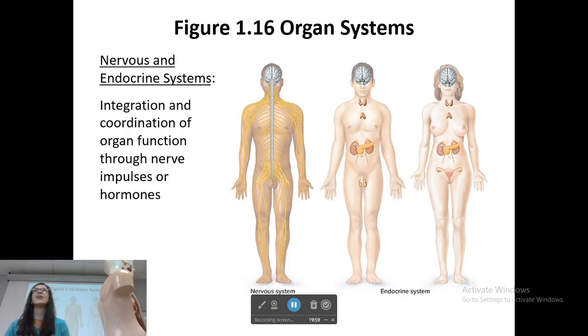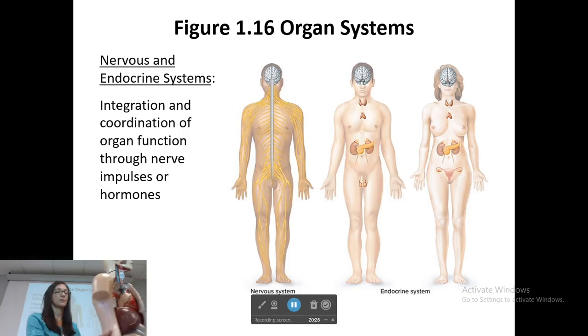Okay, what about the thyroid? See if you can find the thyroid on there. That's above the thymus. It's wrapped around the trachea here. Okay, the pancreas. See if you can find the pancreas in your torso.